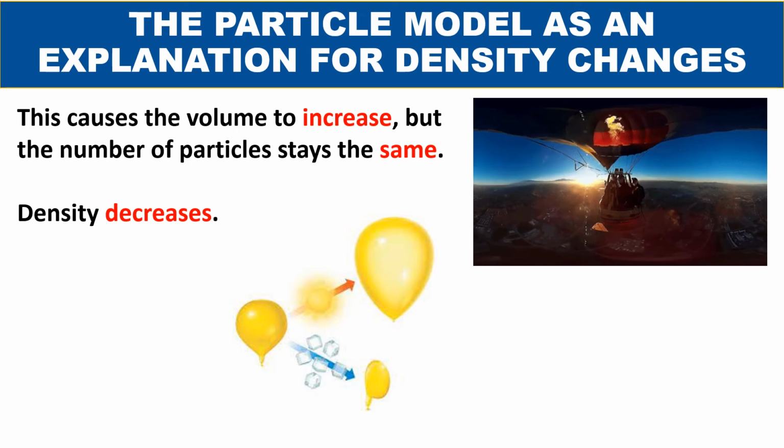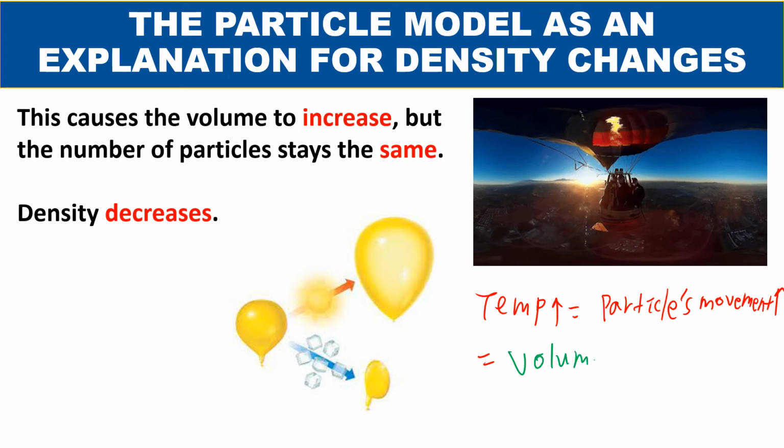If the temperature is increased in the environment, particles move faster. That means there are lots of particles that move around like crazy, and what happens is this will cause volume to go up.